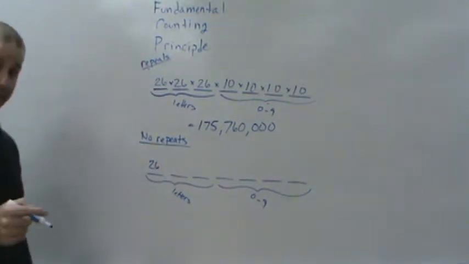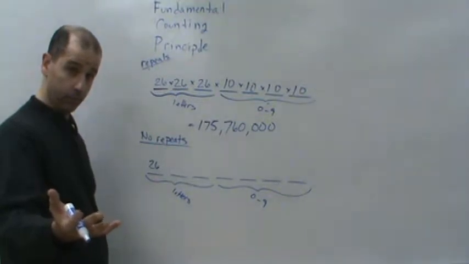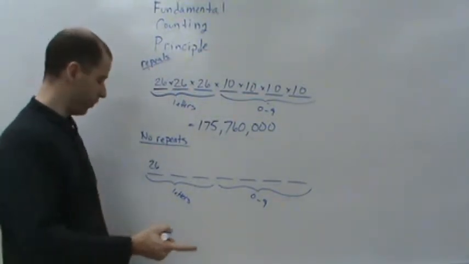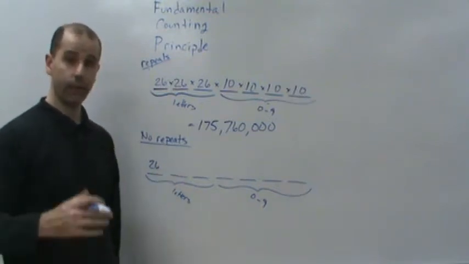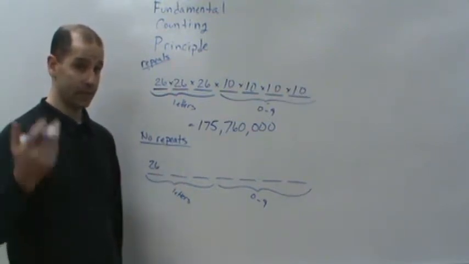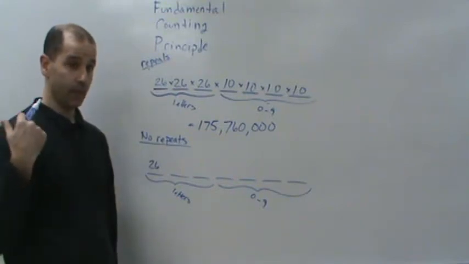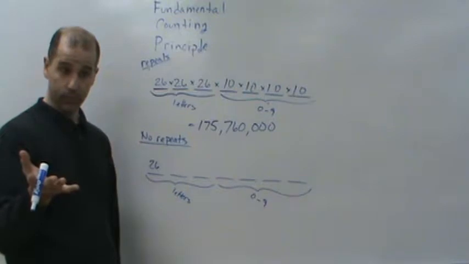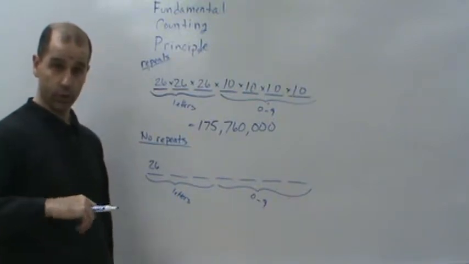Now, once I choose my letter, let's say I choose A. How many letters do I have to choose from now for the second one? Well, if I'm not going to repeat, that means it's off the table. You could think it's no longer available, so it's crossed off.